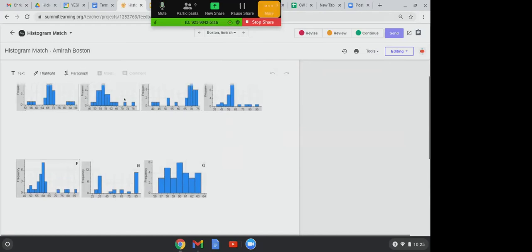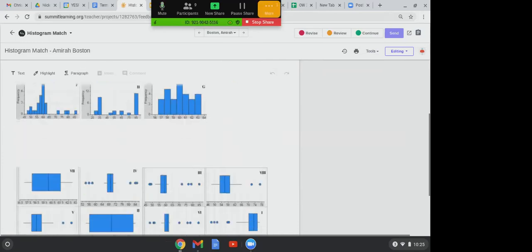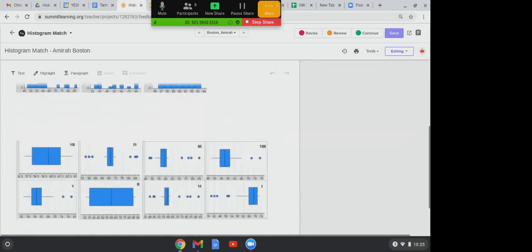So when we look down on the bottom, look at box plot number 4. We have 3 standing out front by themselves. Then we have the box and whiskers of the data. And then we got 3 out here away from the bulk of the data.